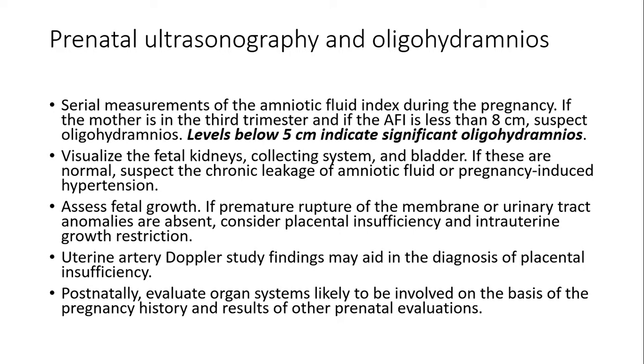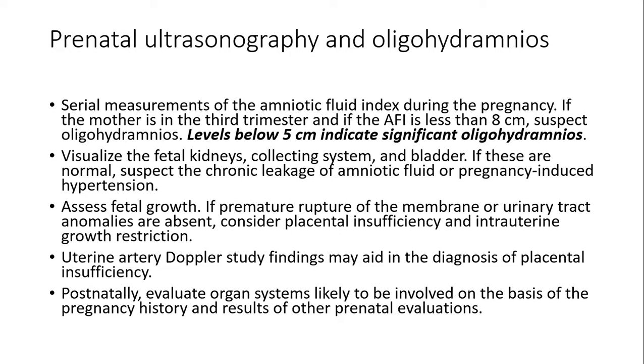If these are normal, you need to suspect chronic leakage of amniotic fluid or pregnancy-induced hypertension, which is very common. Of course, you need to assess fetal growth. If premature rupture of membranes or urinary tract anomalies are absent, consider placental insufficiency.